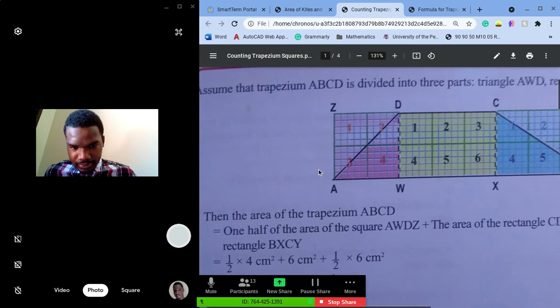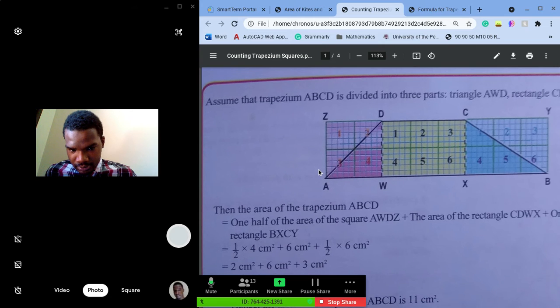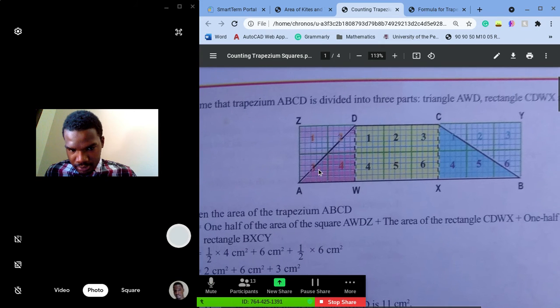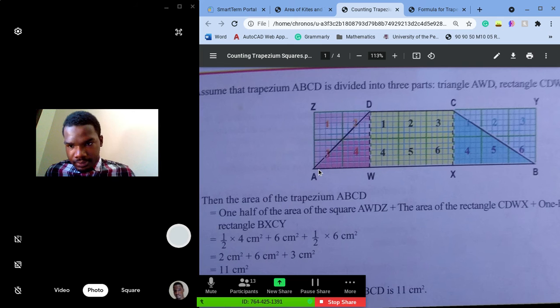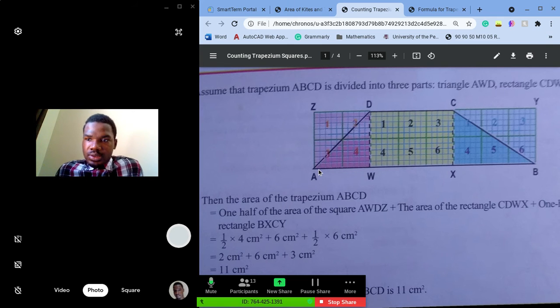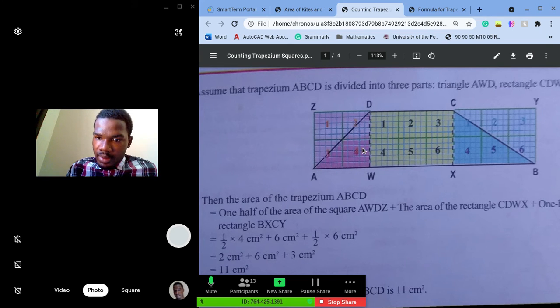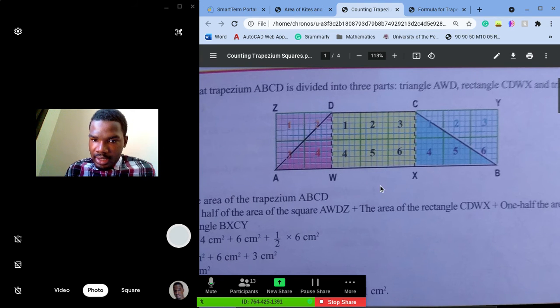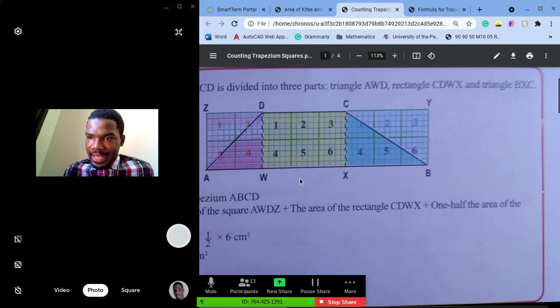Once you divide it into 3 sections, you're going to have a triangle AWD, a rectangle CDWX, and another triangle BXC.